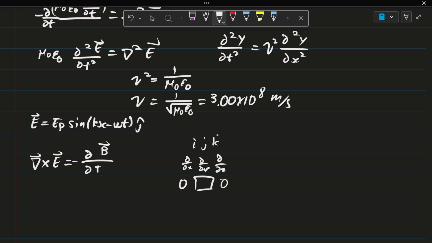So the result will be in the k direction, and we just need to take the derivative of this in terms of x, so that's E_P cosine(kx minus omega t), multiplied by k. So this should equal the negative partial over partial t of the B vector.